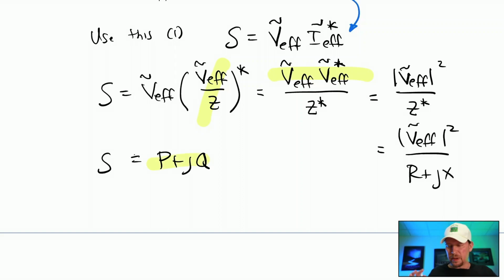So be very careful with your equivalences. In fact, one thing that I wasn't even careful of is when it comes to the complex conjugate: when I take the complex conjugate of this impedance, it is R minus jX, not R plus. So again, there's more things that you need to do in order to find equivalences.